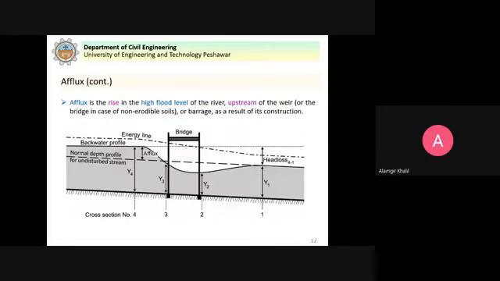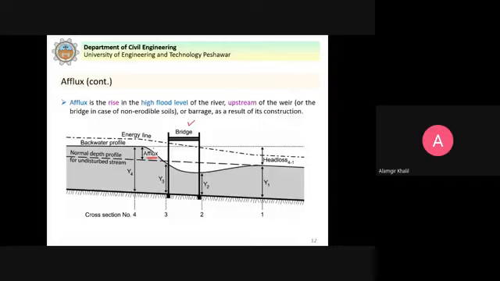You can see here that in case of a bridge, because of the construction of the bridge piers, it will give rise to this phenomenon known as afflux.